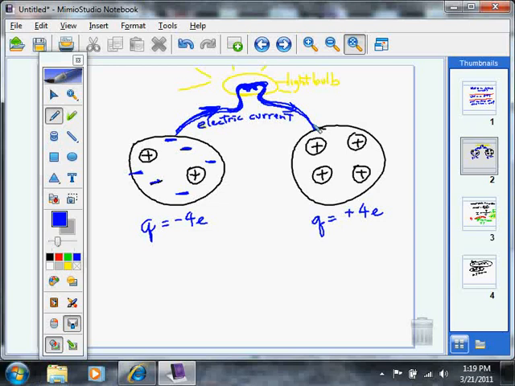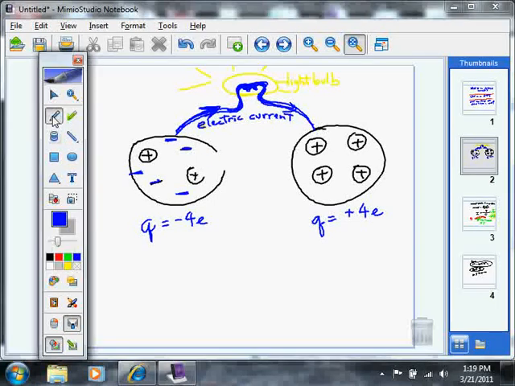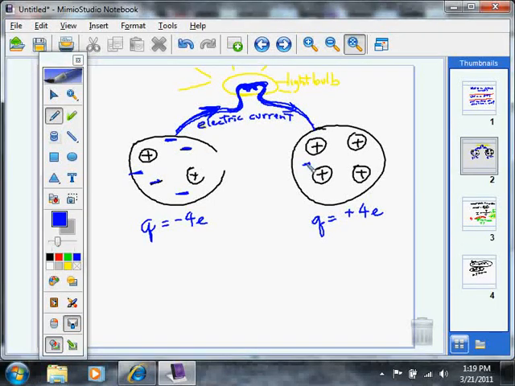So if I want to keep that current going, what I have to do is, every single time an electron flows across and ends up going over here, I have to have some sort of mechanism to put it back on the negative terminal.